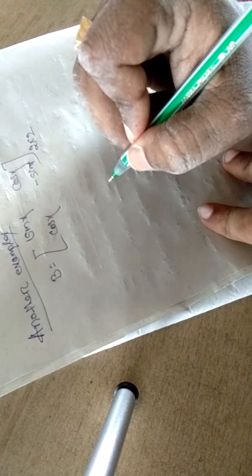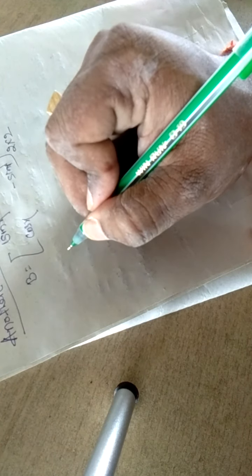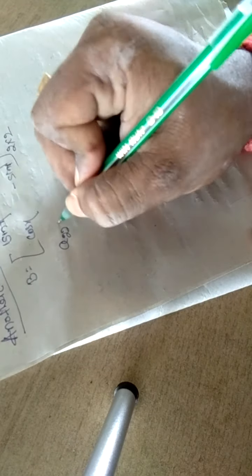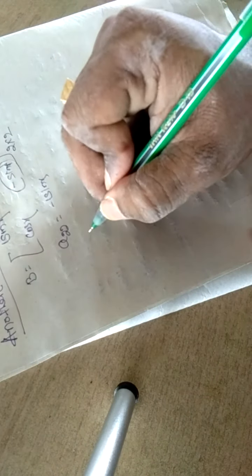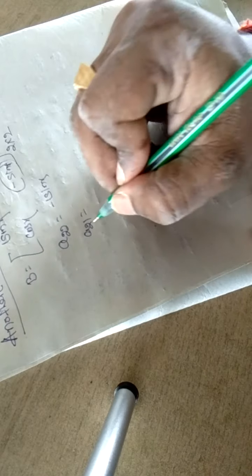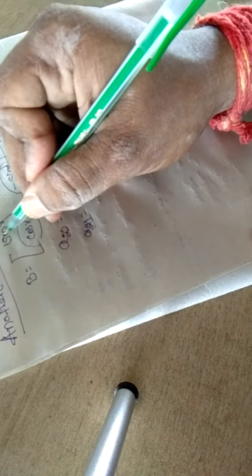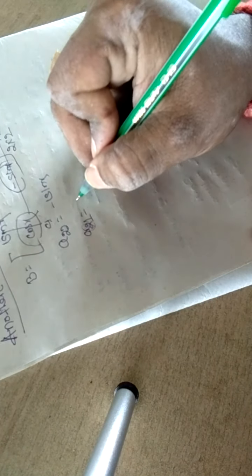What is the element A22? The element 22 is minus sin x. And what is the element A21? A21 means second row and first column, which is cos x. This is the general representation of a matrix.